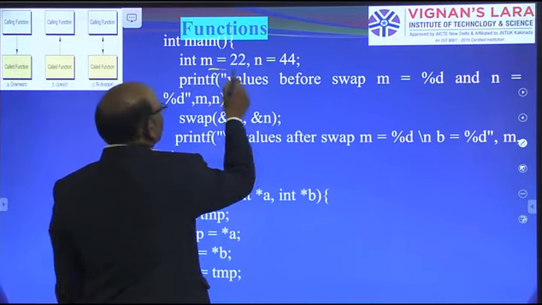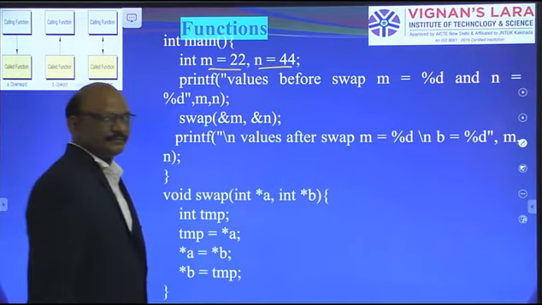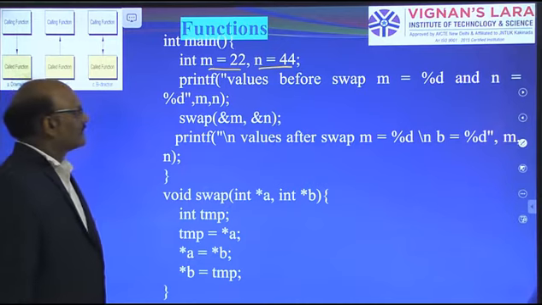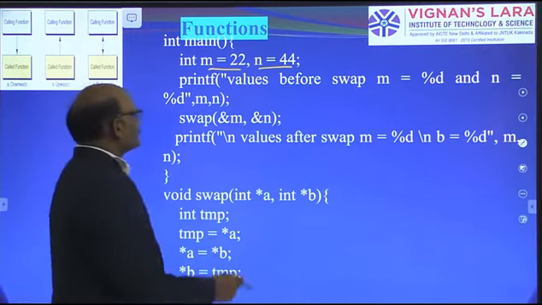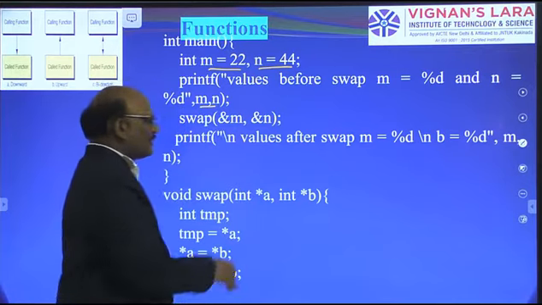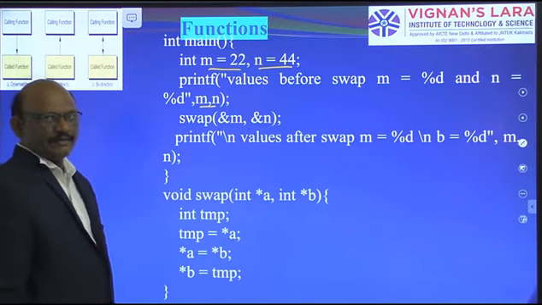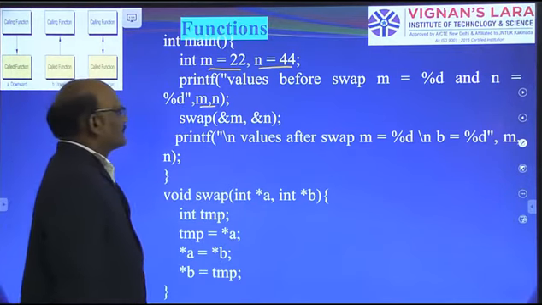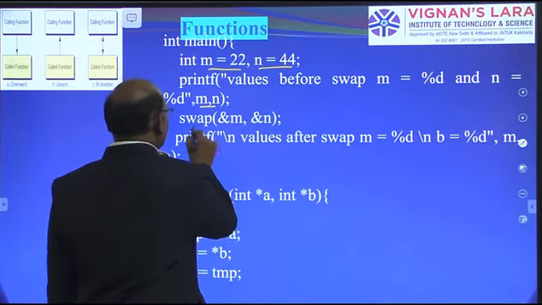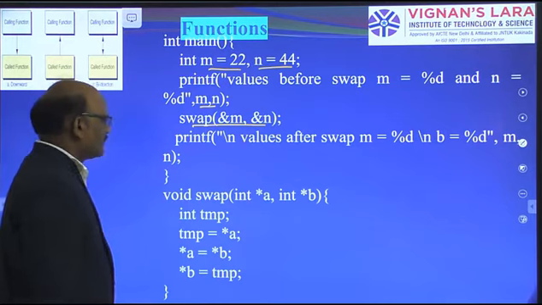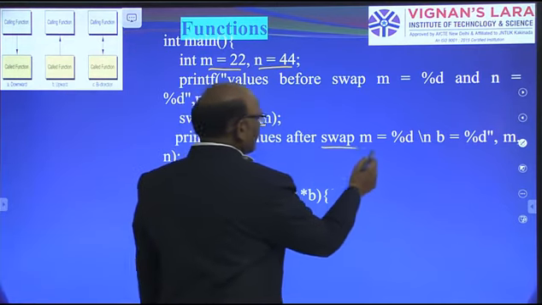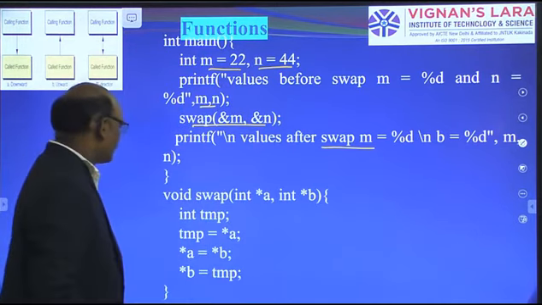Here I am taking two variables m and n. Their values are 22 and 44. I am printing the values before swapping. Here I want to swap the values of the two variables m and n. Then call the function swap(&m, &n). Then print the values after swapping, m value and n value.